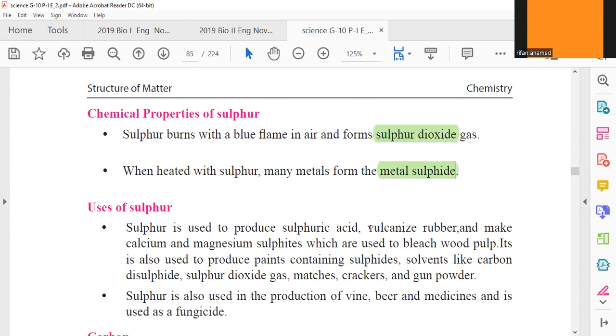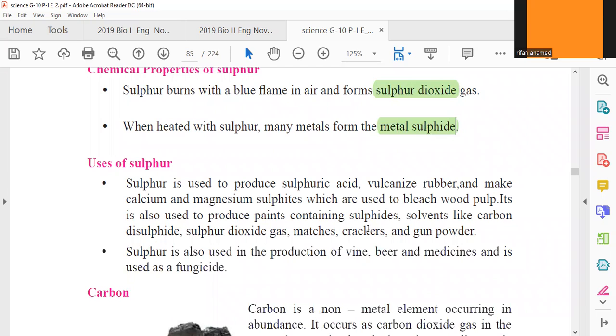Finally, what are the uses of sulfur? There are many uses of sulfur. Sulfur is used to produce sulfuric acid. Sulfur is used to vulcanize rubber. Sulfur is used to make two compounds called calcium sulfite and magnesium sulfite.